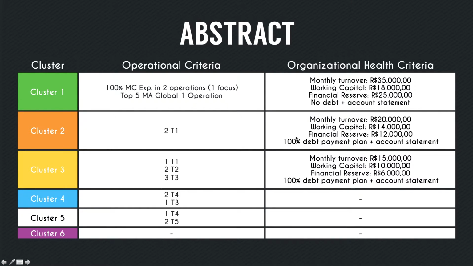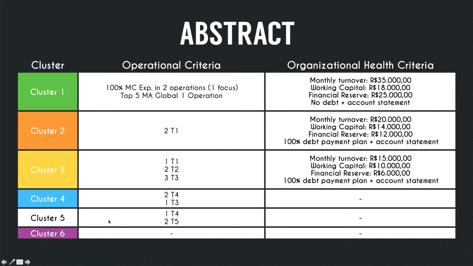If you had any debt with the MC, you had to pay 100% of this plan every month, and you had to have the account statement all done every month, which is the money that the LCs are sending the MC for each operation that they are doing, or anything that they are paying for the MC. And sometimes they are not paying. So if they are not fulfilling these criteria, they are going down to another cluster.